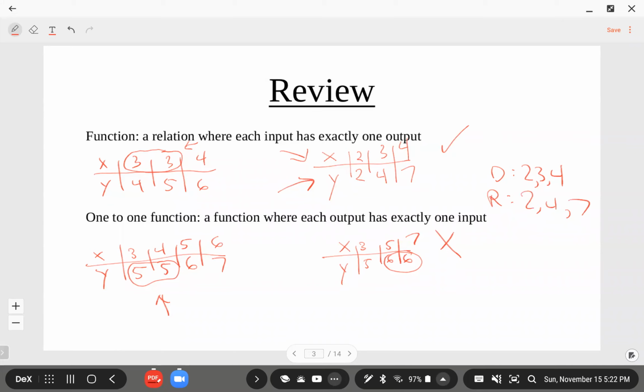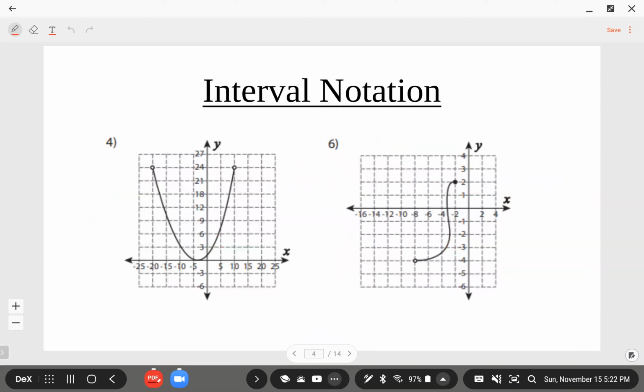Quite easy, right? Except when you have a very large table of all these numbers, then you're not going to possibly list all of them. That is when interval notation comes in handy. So you have this domain from -20 to 10.